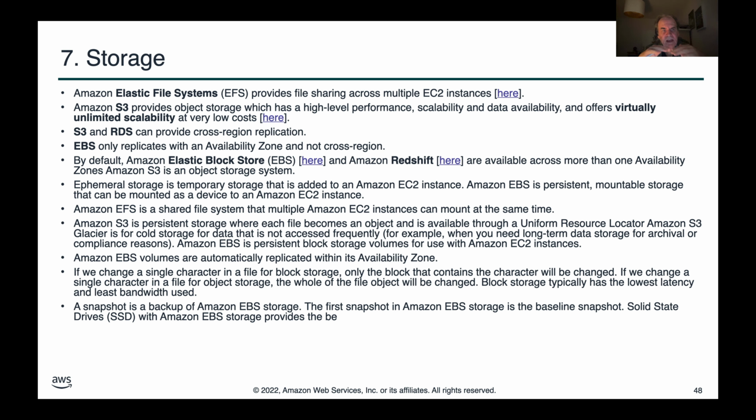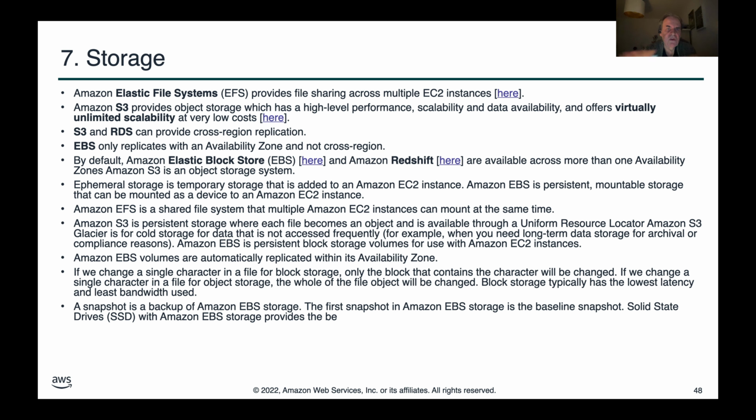S3 and RDS database allows us cross-region replication, whereas EBS, the disks that we typically mount onto EC2, are replicated across availability zones, but not across regions, quite rightly.